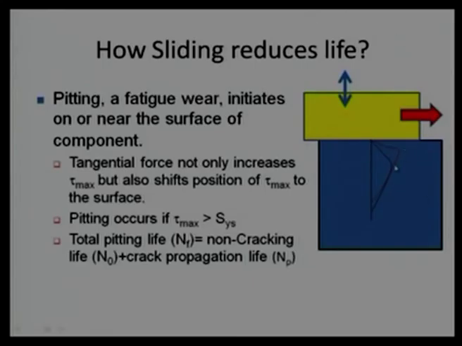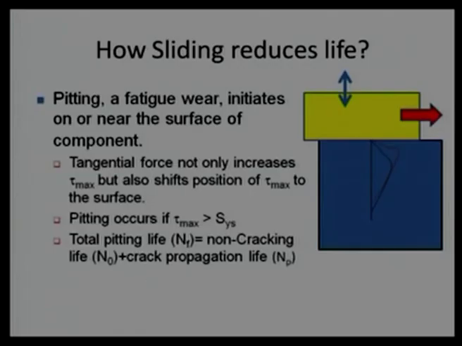First, it is giving high stress, and it gives a very high stress close to the surface, which will reduce the life in two ways. If I assume the total pitting life is NF, the number of cycles is NF, when there was no crack, the non-cracking life is N0, then the crack is initiated, and after that there is a propagation.